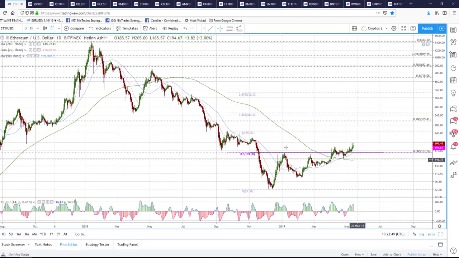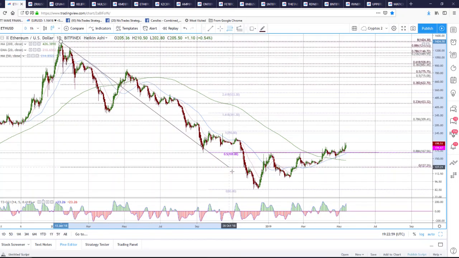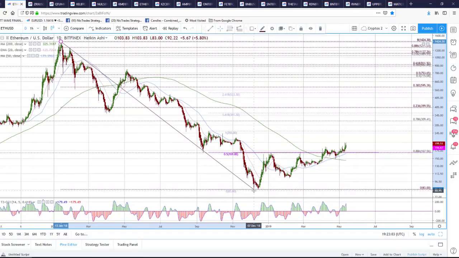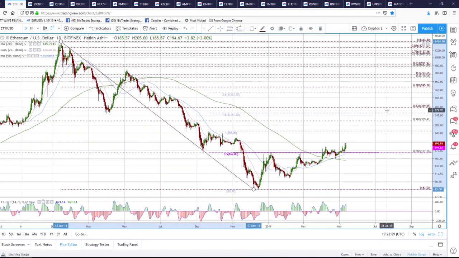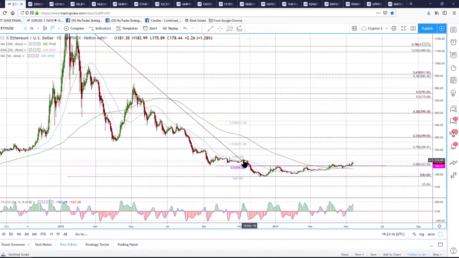So when I look at Ethereum US dollar here, from this high to this low, remember that we're looking for back above the 236 fib to confirm that we've reversed. If I put that on first, you can see that in ETH we've got a ways to go. 399, because we're in log scale. 399.55 is where we're gunning for.